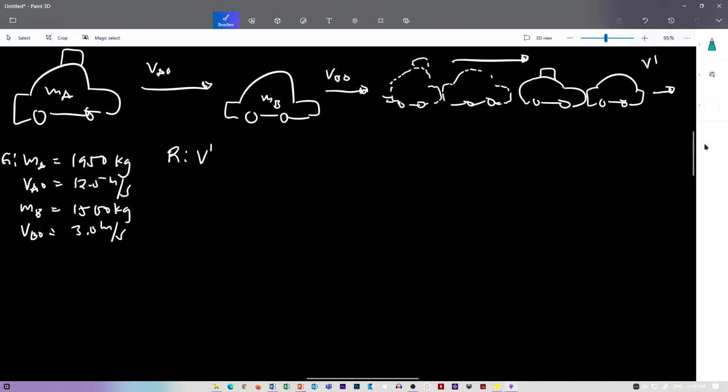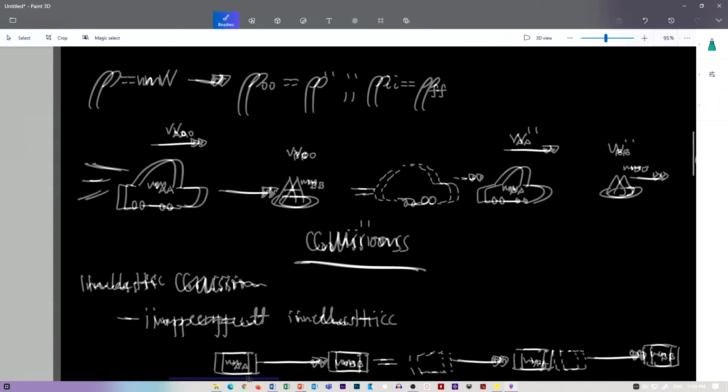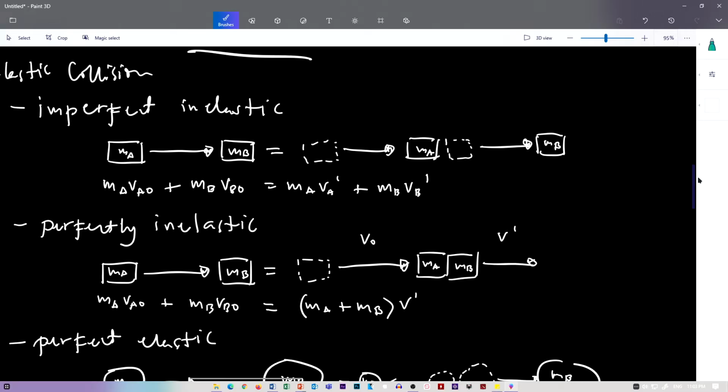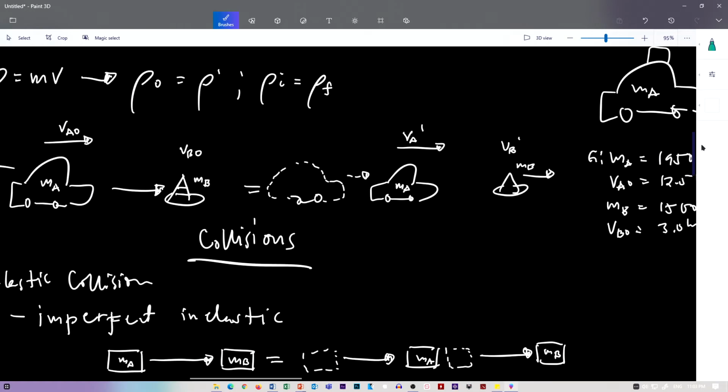So our equation here would be, of course, for what do you call that one? Perfectly inelastic, right? They will be sticking together. Oh wait, let's check. Actually, we can just look at it here. Right, perfectly inelastic because they will be sticking together.